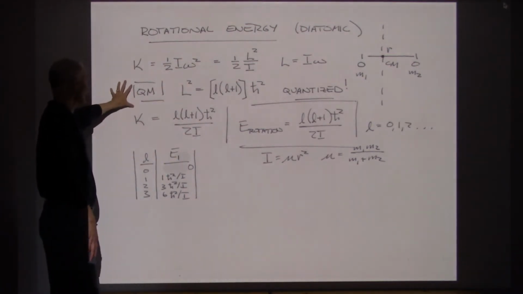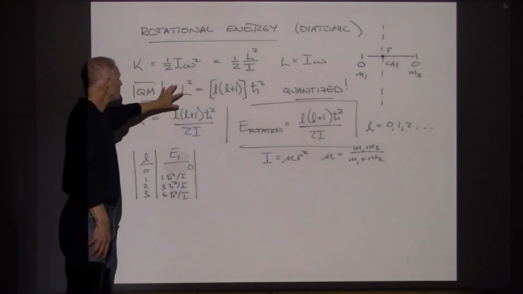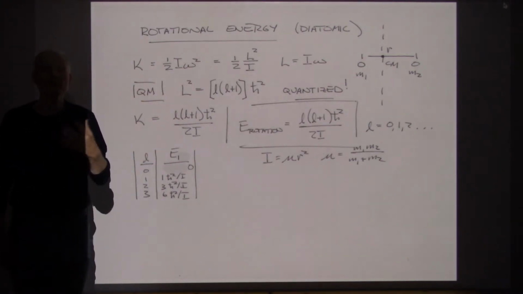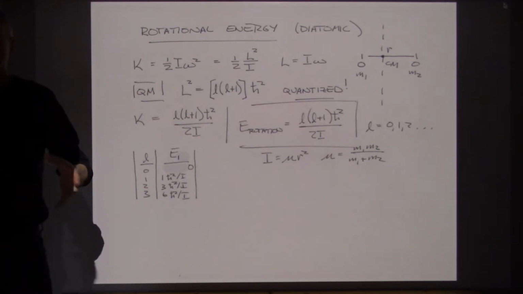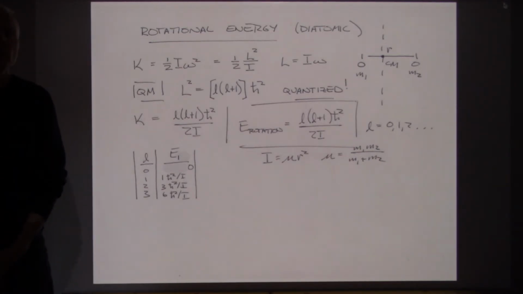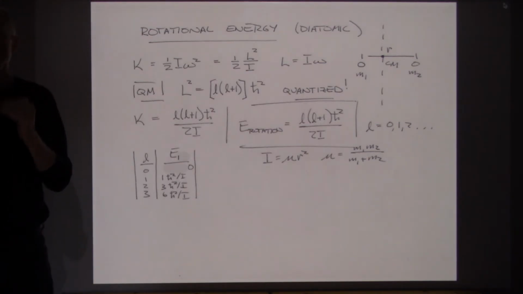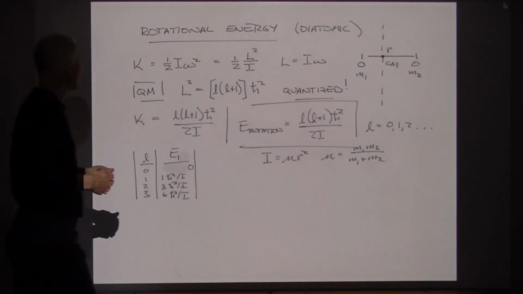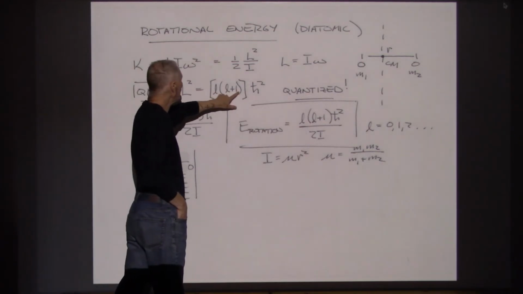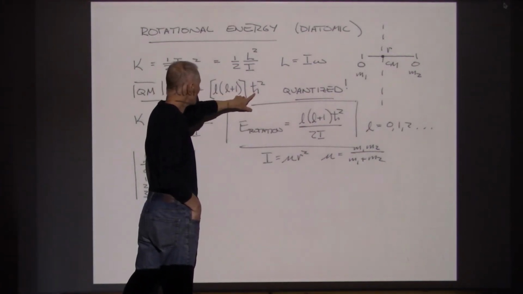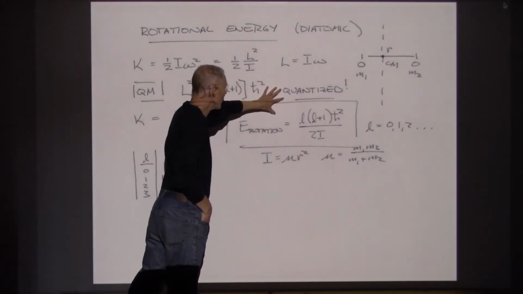Now quantum mechanics says angular momentum is quantized. If we get down to the molecular or atomic level, any of those angular momenta are going to have quantum numbers. There are going to be allowed amounts of angular momentum. And so we can go back to our formula, L squared is l(l+1) times h bar squared. It's quantized.